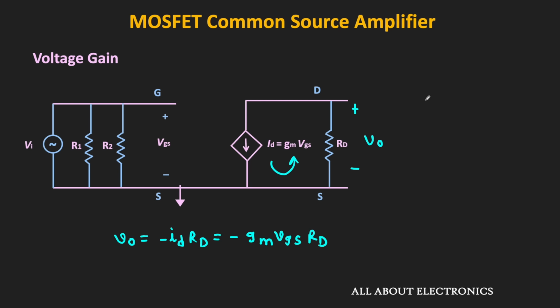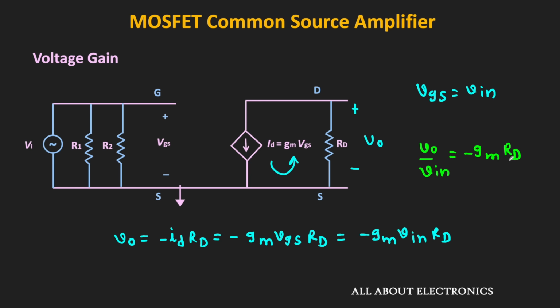As you can see, this voltage VGS is equal to Vin. So Vout is equal to minus Gm times Vin times RD. That means the voltage gain Vout divided by Vin is equal to minus Gm times RD.